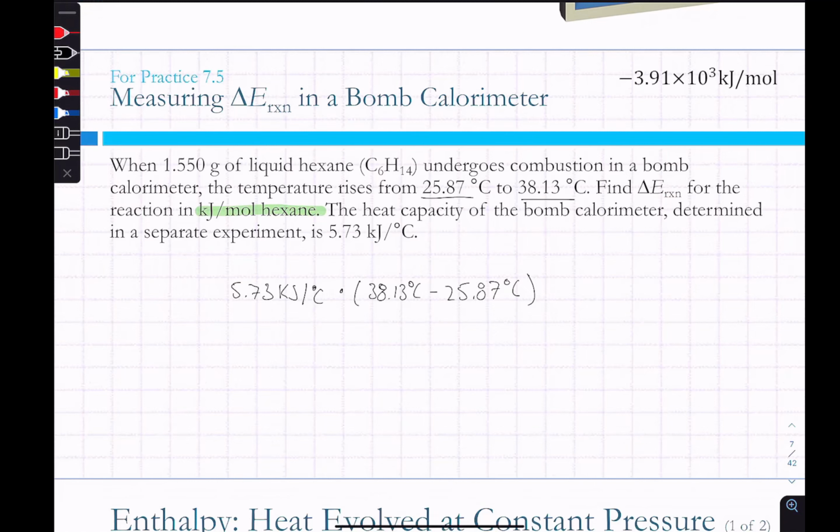Yeah, actually, here I'll show you. So 38.13 minus 25.87. Seeing is believing, right? 12.26 degrees C, so that's the change. The key here is that you can't do the subtraction and then convert it into Kelvin. Then it'll be wrong. 38.13, and partly because our calorimeter constant is in degrees C, plus 273.15.